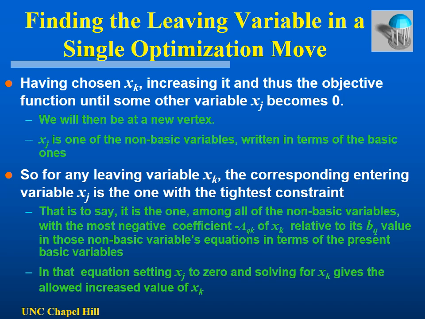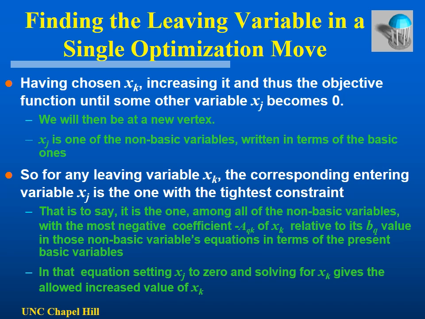We've now chosen a leaving variable, x sub k, whose increase from 0 will bring us along the edge and increase the objective function. And we will keep going until some of the constraining variables, that is to say the non-basic variables, decreases to become 0.